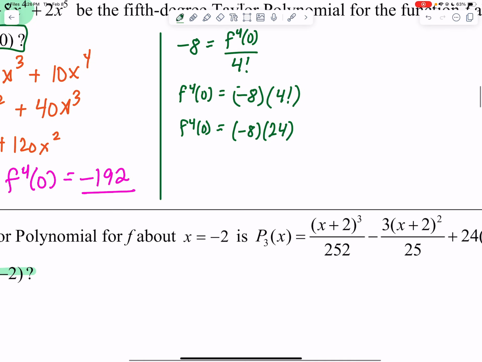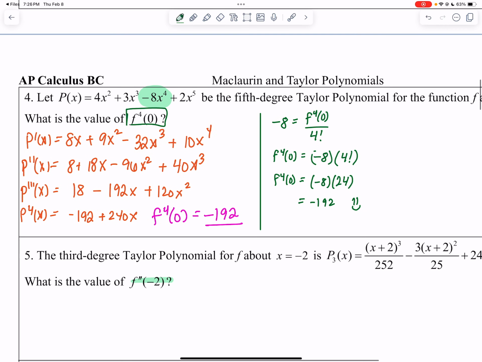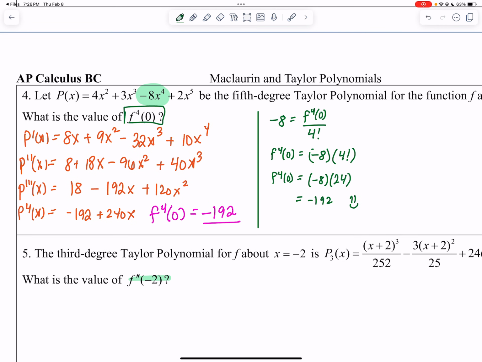And if I were to calculate that, we're going to get -192. So using the old-fashioned way works, but obviously there might be some algebra errors if you do it this way, because it's a lot of using power rule whenever we can look at the coefficient and match it up with the rule that we have here.